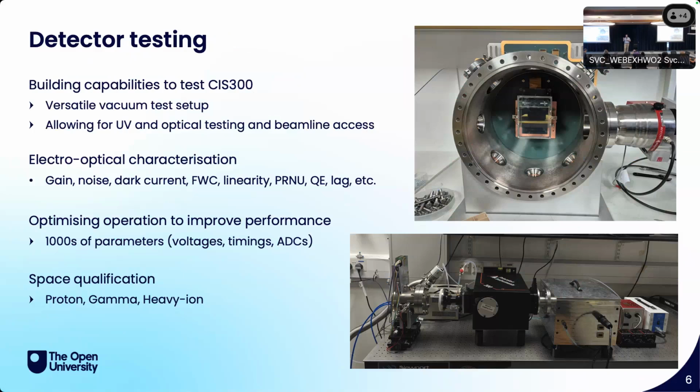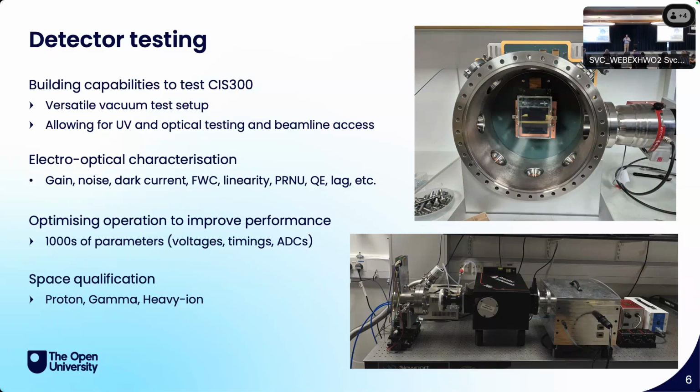Because you can control both the pixel charge conversion and the ADCs that convert the charge to a digital number, there are thousands of settings, and you can adjust almost everything. So the plan is to optimize the running.